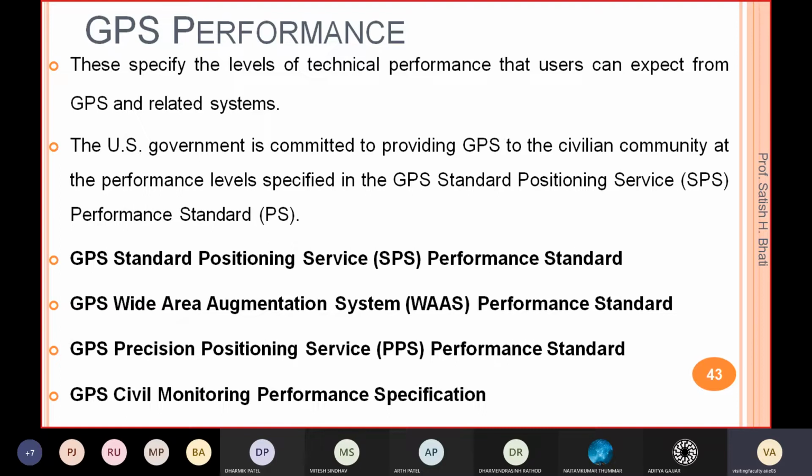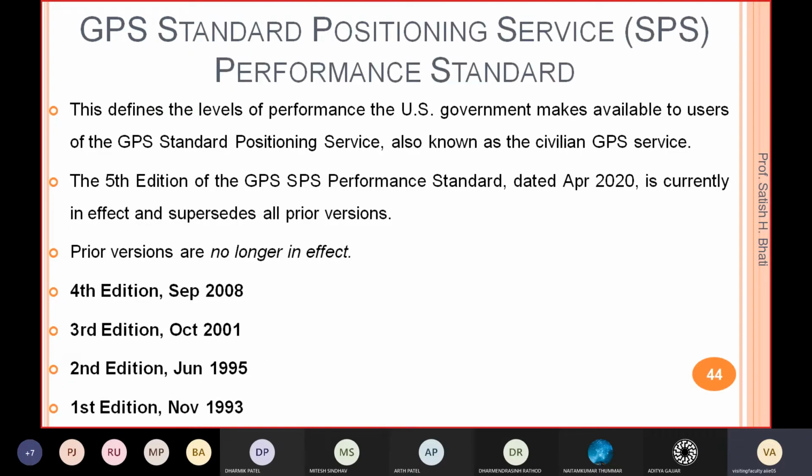In that we have seen the SPS, then the WAAS performance standard, and PPS, and the GPS civil monitoring performance specification, right? In SPS, the first standard was given in 1993, right? So it was released in 1993.